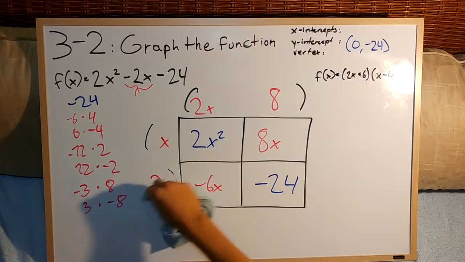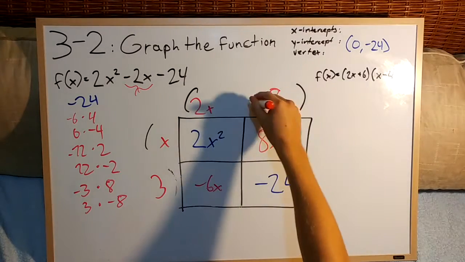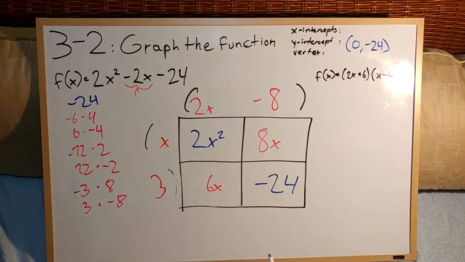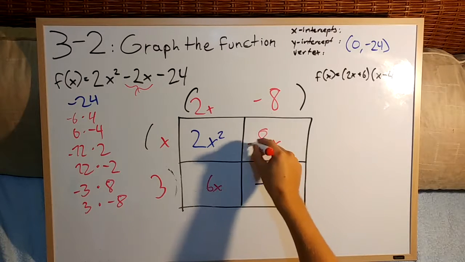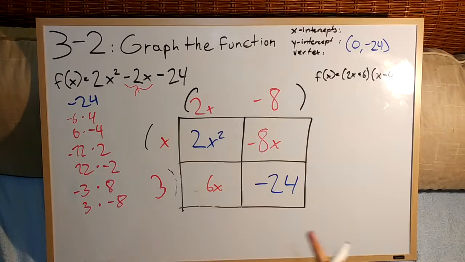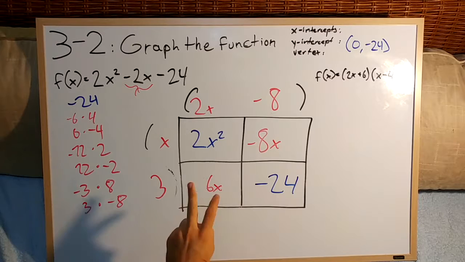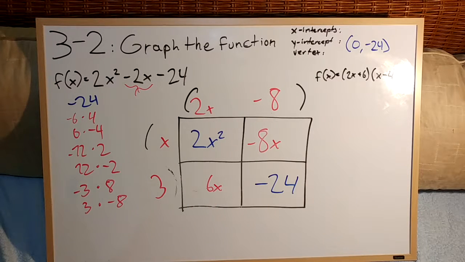So, we put the negative on the 8 instead of the 6. Now negative 8 times x is negative 8x, and 3 times negative 2x is 6x. Now, we add these two together, it will give us negative 2x, which is what we are looking for.